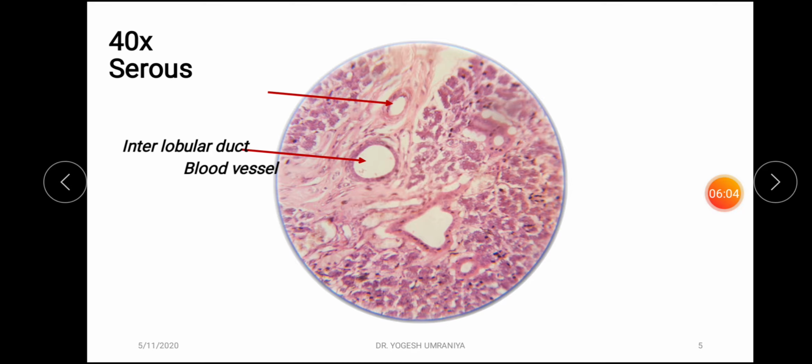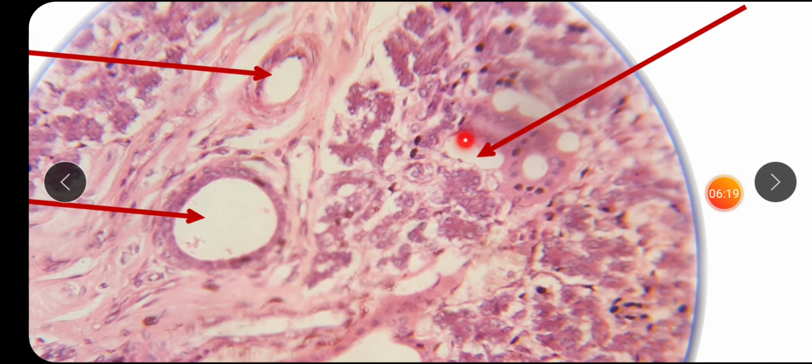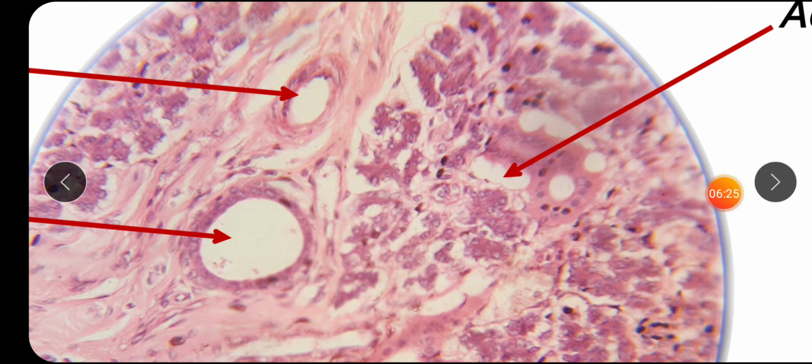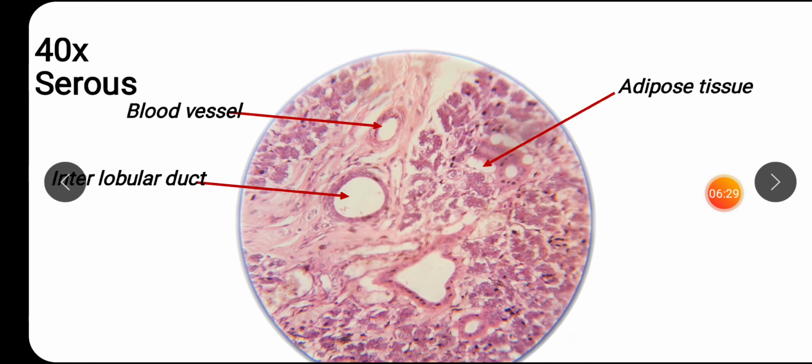And this structure situated within the connective tissue septa is termed as the blood vessel. This structure represents the adipose tissue. You can see the signet ring cells here, so that is representing the adipose tissue.